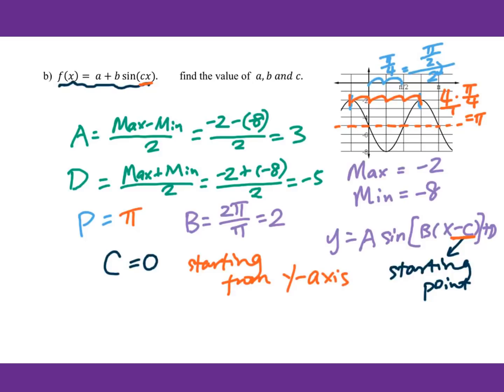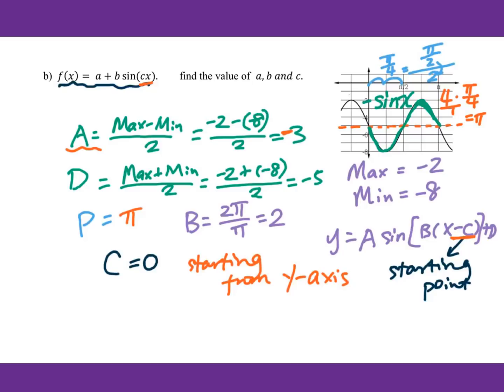Let's sketch that graph. Since this sine function gets started from y-axis, you have to sketch like this. From this pattern, we know that it's negative sine x pattern. In other words, we know this A will be negative 3.